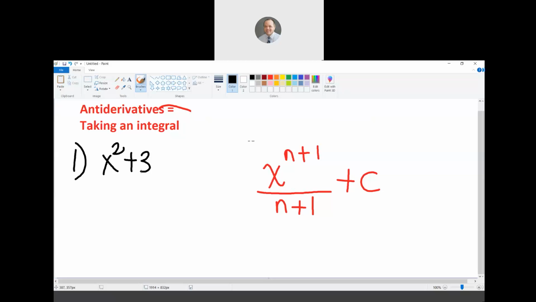Antiderivative means you're taking the power rule and doing it in reverse. So for our first term here, you add 1 to the original exponent, and instead of multiplying, you're actually dividing by your new exponent. So that would be x cubed over 3 for the first part of our antiderivative.